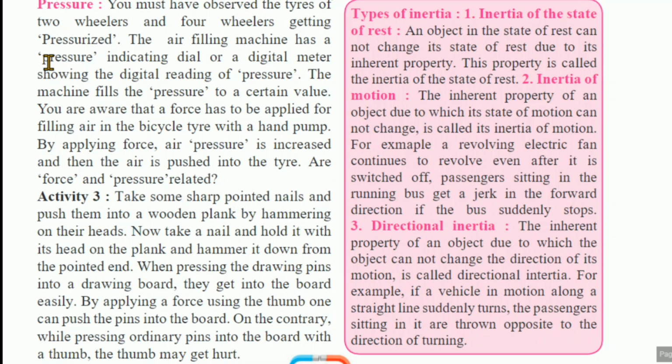The machine fills the pressure to a certain value. You are aware that a force has to be applied for filling air in a bicycle tire with a hand pump. By applying force, air pressure is increased and then the air is pushed into the tire.